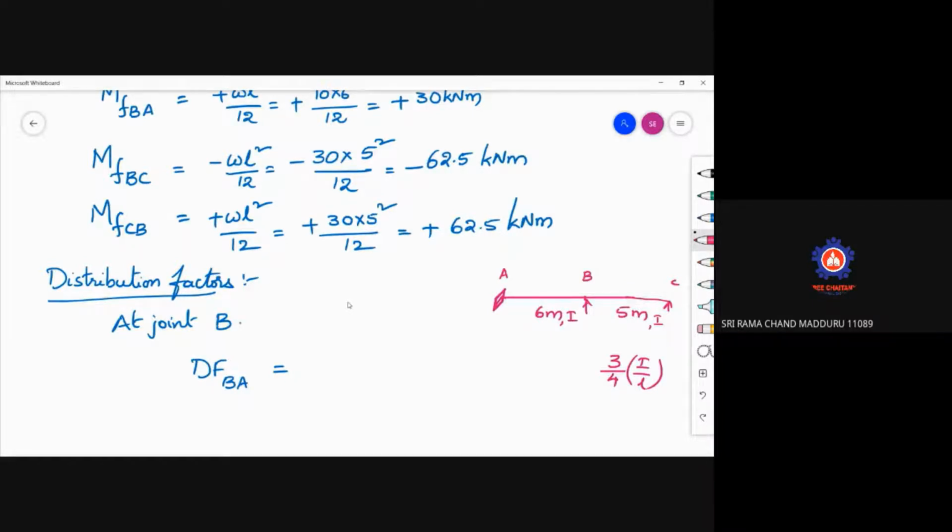Here the distribution factor for BA will be KBA by KBA plus KBC.